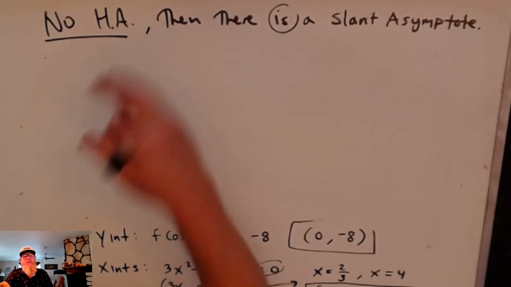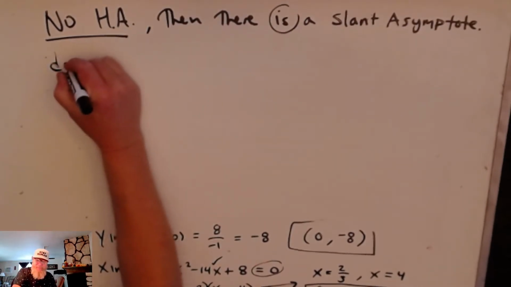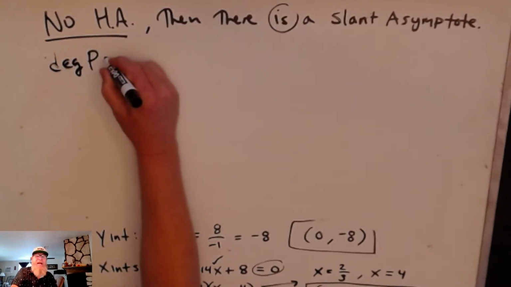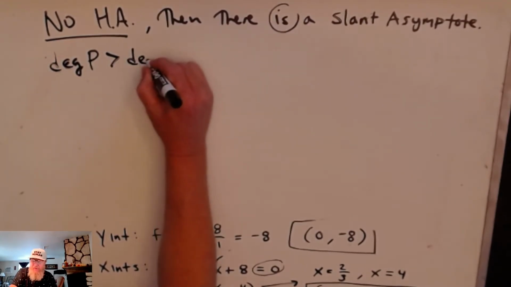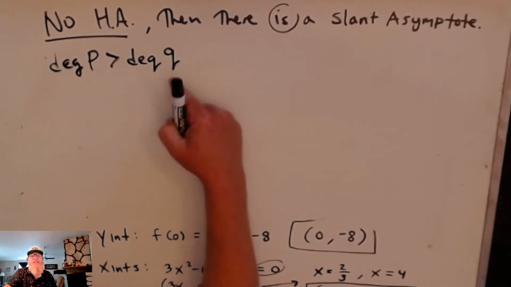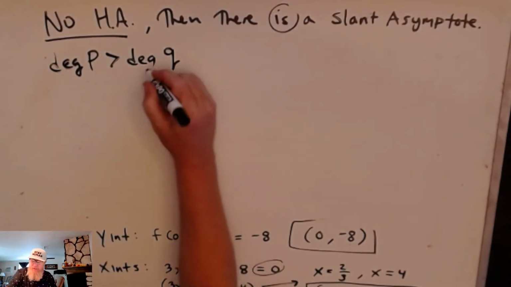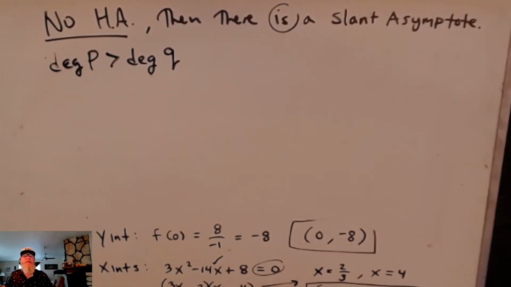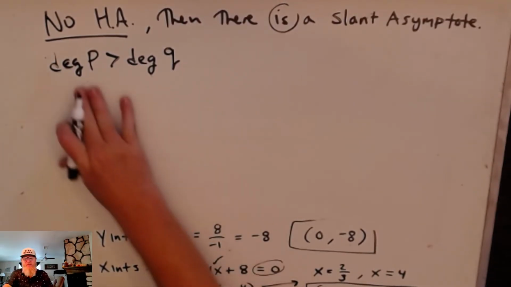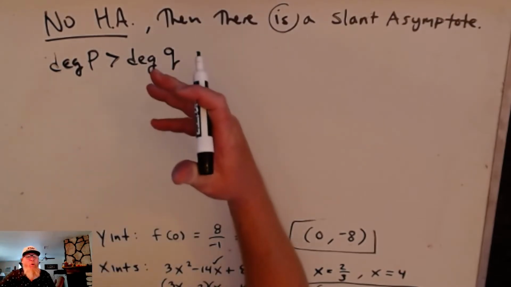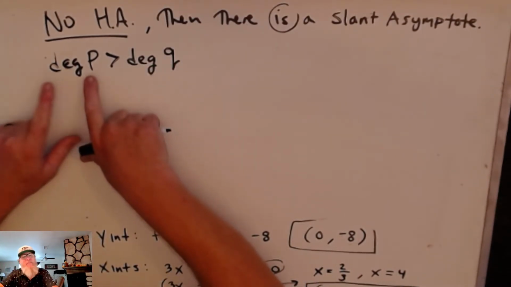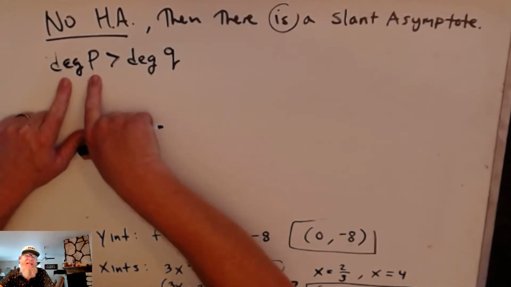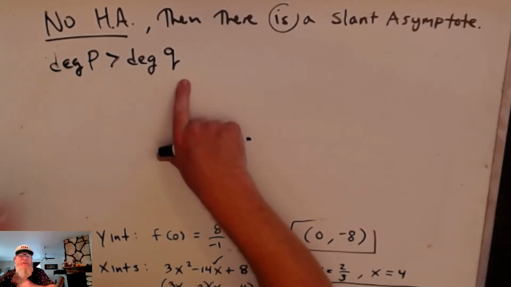And so whenever the degree of the numerator, the P, is greater than the degree of Q, the denominator, sometimes my G's and my Q's look similar, so the degree of Q. Whenever the degree is one more than, but it really means like the degree of the numerator is second degree and the degree of the denominator is first degree.